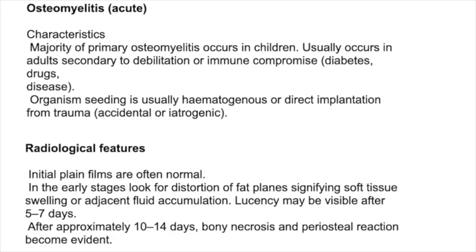That is key. So in the early stage, you look for distortion of fat planes and signifying soft tissue swelling or adjacent fluid accumulation. Loosening may be visible after 5 to 7 days. Okay, after approximately 2 weeks, bony necrosis and periosteal reaction become evident.